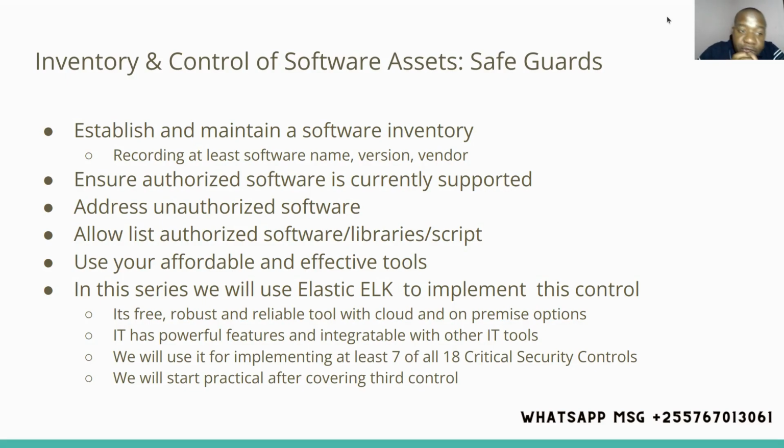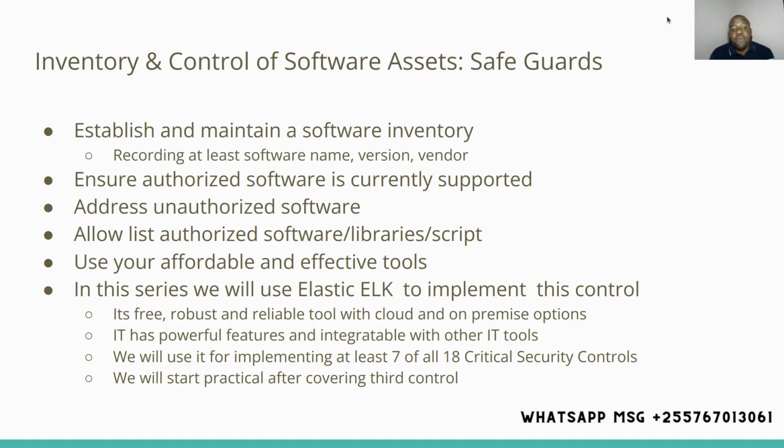And of course, this also comes in handy when you are doing this kind of security in your given environment. You have to make sure those authorized software are currently supported. So you are not just going to validate the software, but you have to make sure all the software that you have validated and approved to exist in your cyberspace is currently supported, because we know the software that is obsolete really presents a very high risk posture for your cyberspace.